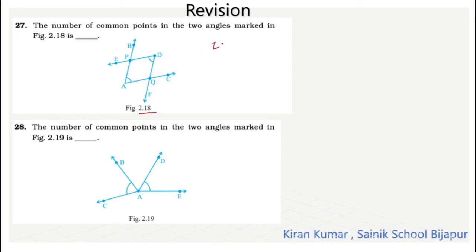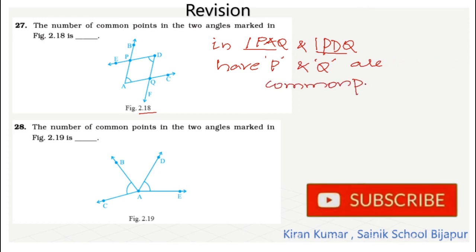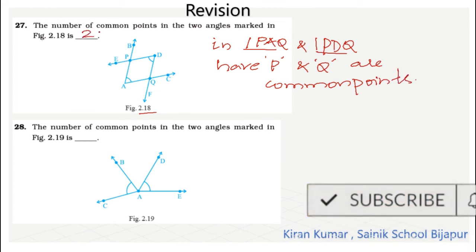So if you observe, there are two angles, angle PAQ and angle PDQ. There are 2 points in common, point P and point Q are common points. So the number of common points is 2.